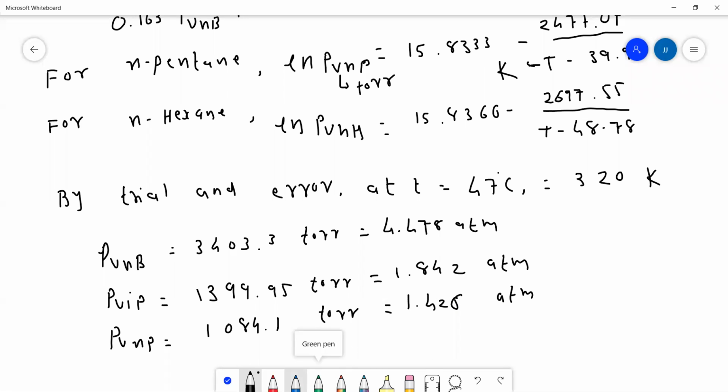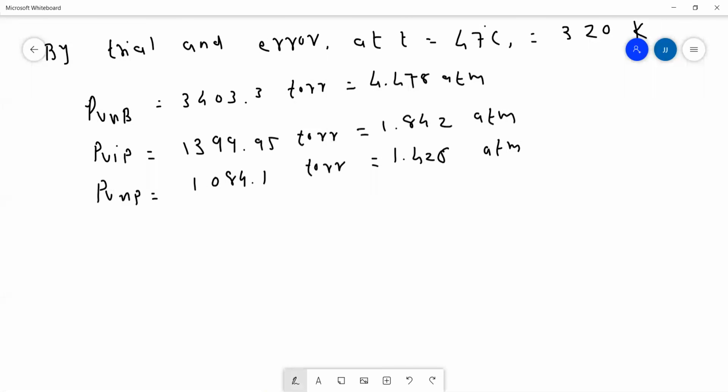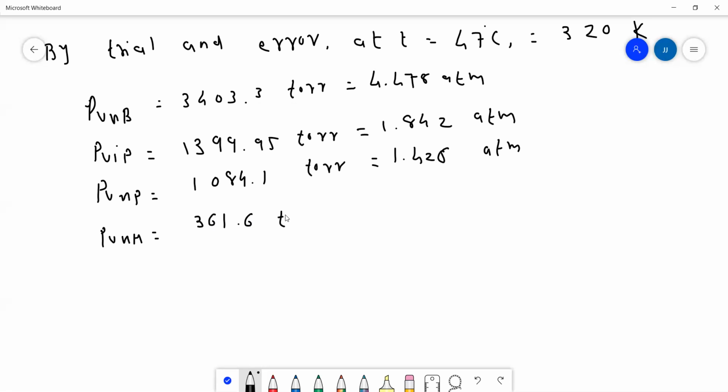And the vapor pressure of n-hexane is equal to 361.6 torr, which is equal to 0.476 atmosphere.